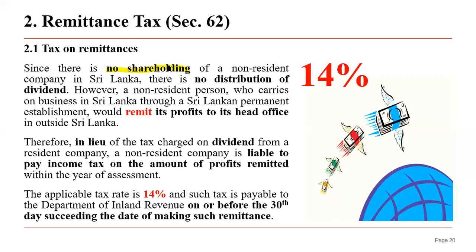The parent company is somewhere else, and they bring it here and start a branch or some other mode of registration as a non-resident company in Sri Lanka, and there is no distribution of dividend. Basically, that is the mode. There is no distribution because there are no shareholders here.